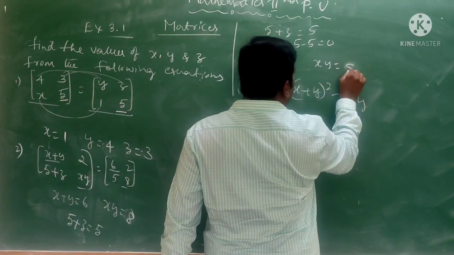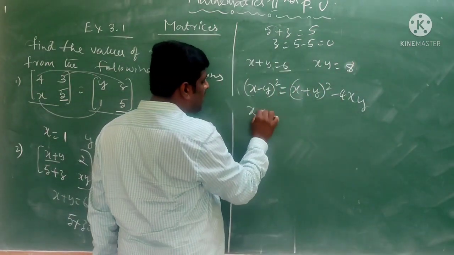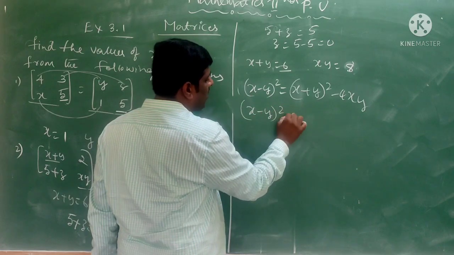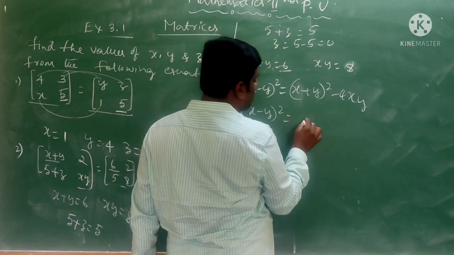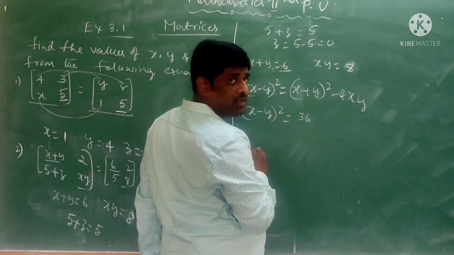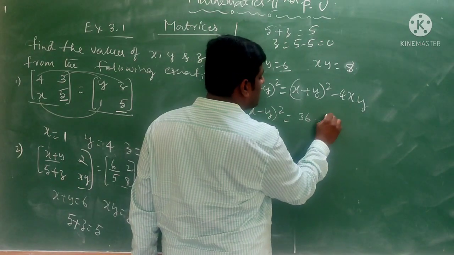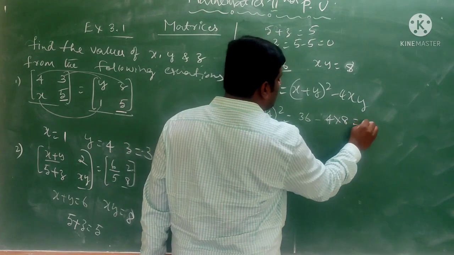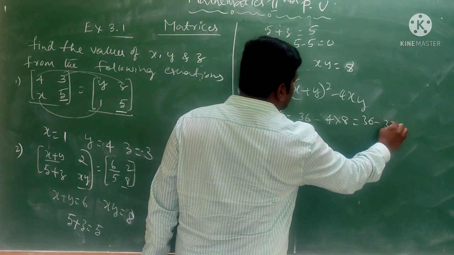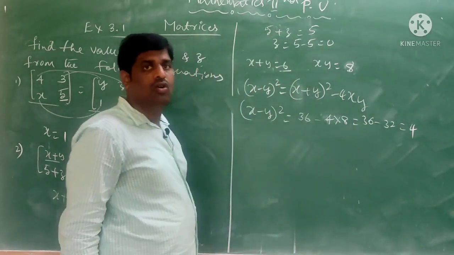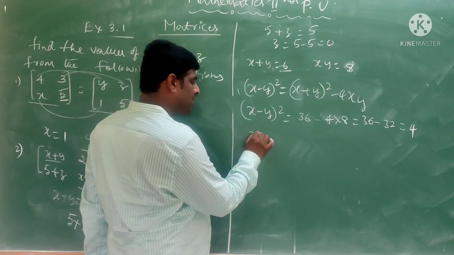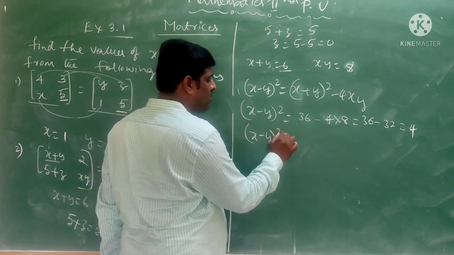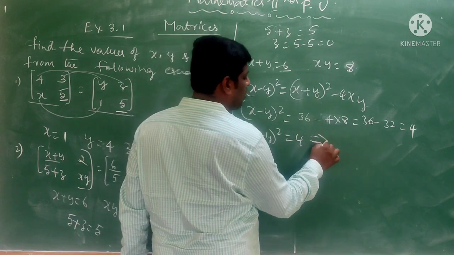So x minus y whole square is, x plus y is 6, 6 square means 36, minus 4 into 8, that is 36 minus 32, that is 4. x minus y whole square is equal to 4.